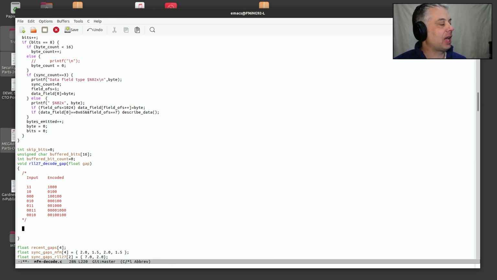So if we have a gap of some length, so if we have a gap of 2, which is the shortest gap that you can get in RLL, that means 2 zeros followed by a 1. So what we want to do for int i equals 0, i less than gap, i plus plus: buffer bit 0, buffer bit 1.